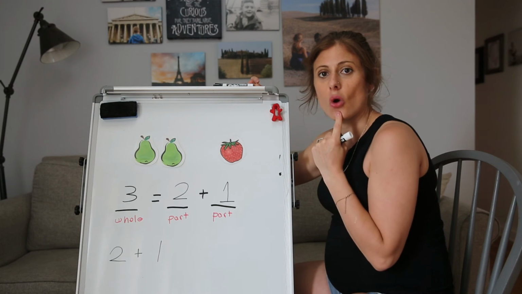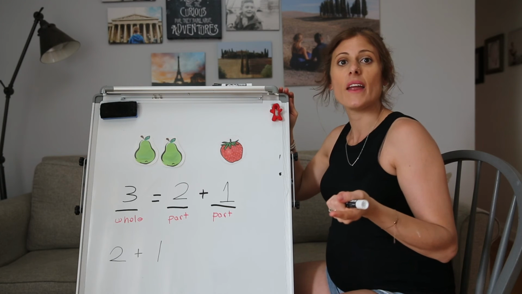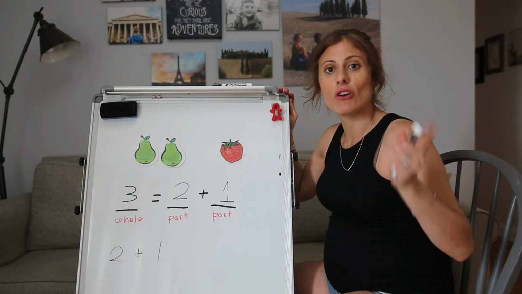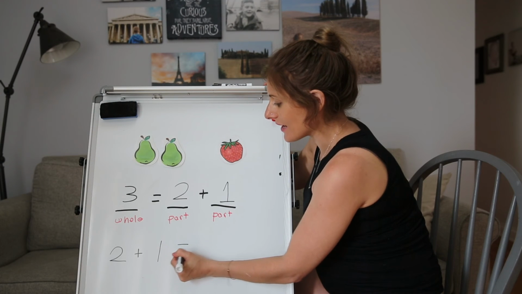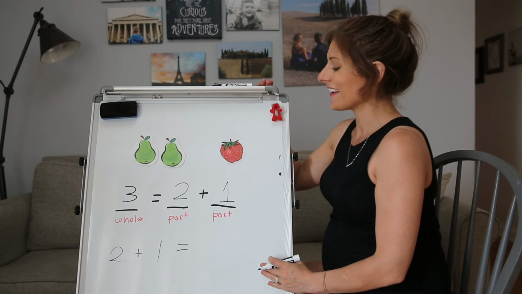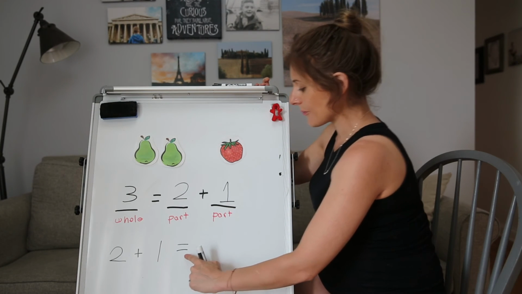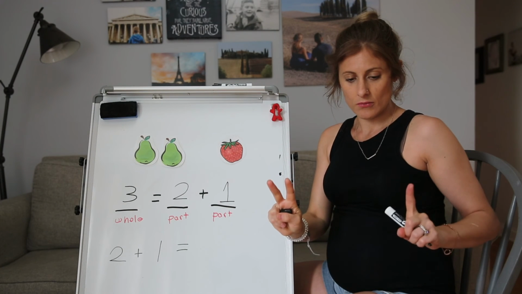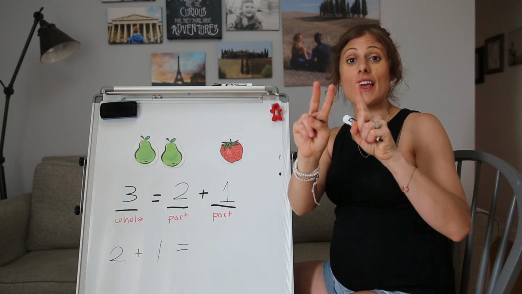I need to show what 2 plus 1 is. Wait a minute. I know the symbol for is. It's the equal sign. This is my equal sign. 2 plus 1 equals 3.